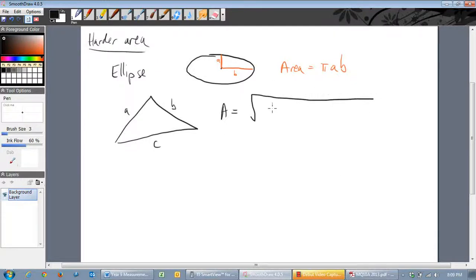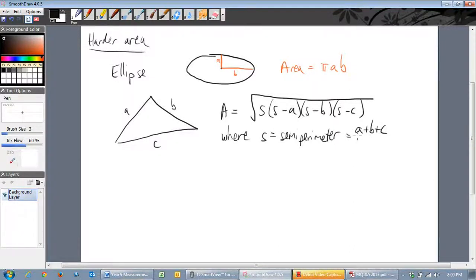Square root of, you'll notice it's big, S times S minus A, S minus B, S minus C. That's the area of this triangle, where S is the semi-perimeter. Semi means half, so semi-perimeter is just half of your perimeter. The perimeter here is A plus B plus C, so you just divide that by 2 to get the semi-perimeter. And this is called Heron's formula.